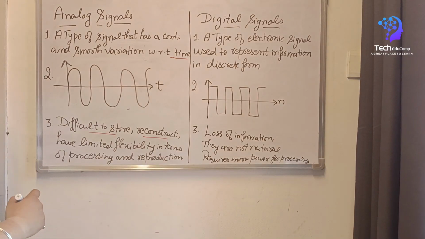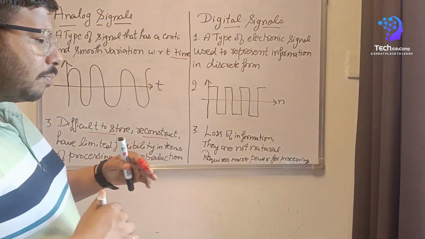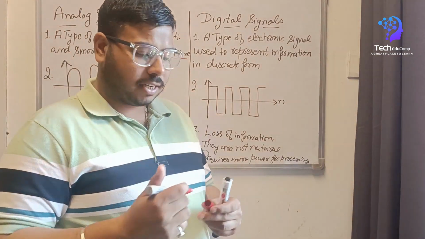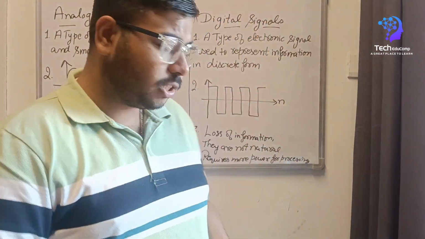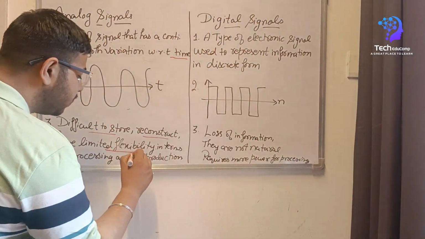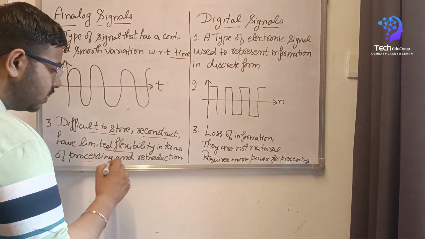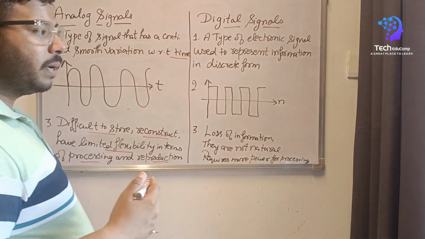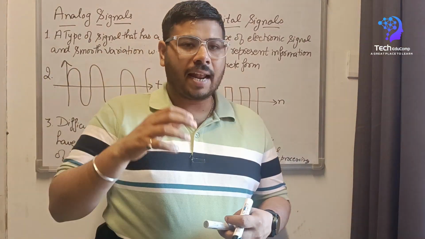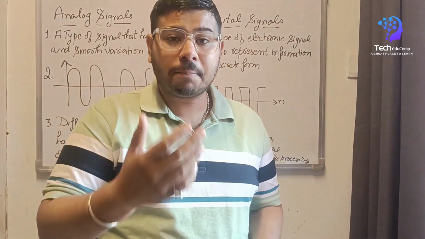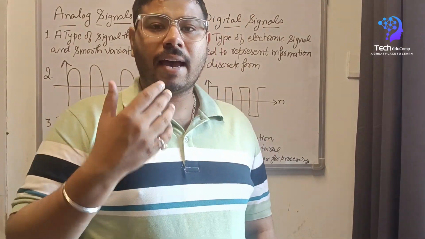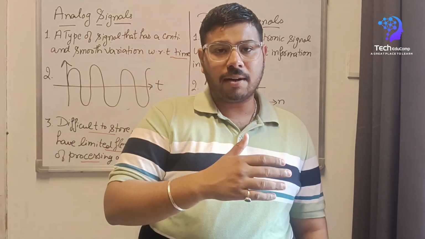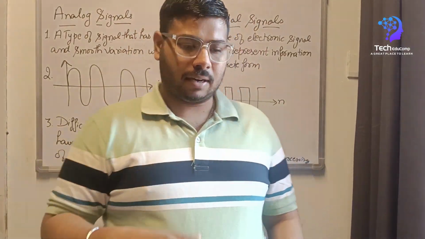When you have to process it and send it from one place to another in the form of information, it has limited flexibility in processing and in reproduction. An analog signal can get corrupted and is more prone to errors while transmitting from one device to another device.